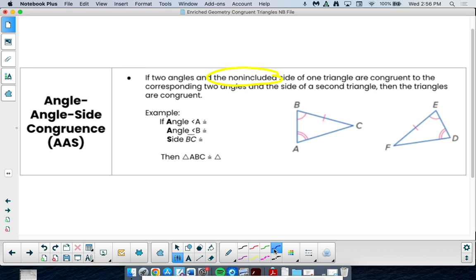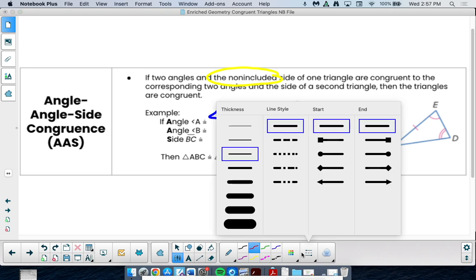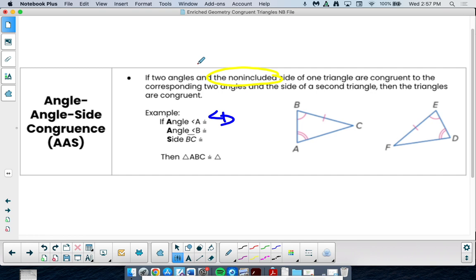So angle A is congruent to angle D. Angle B is congruent to angle E. And then side BC is congruent to side FE.